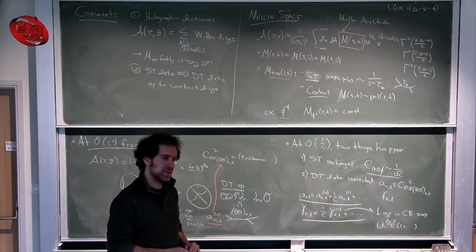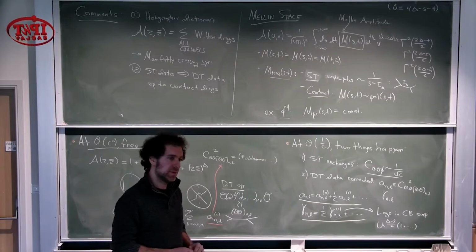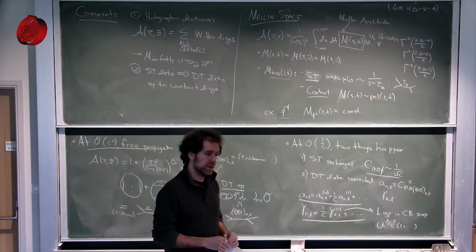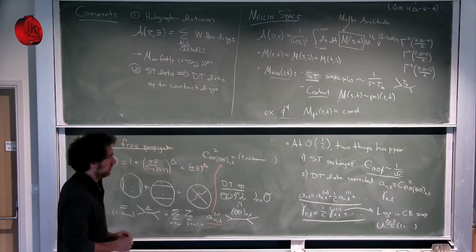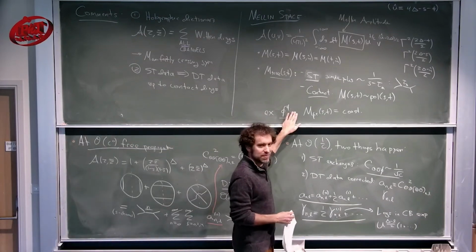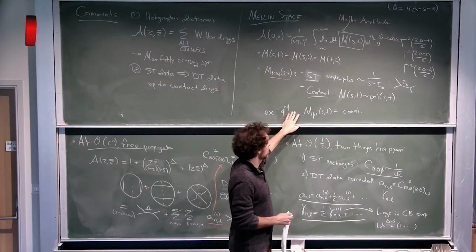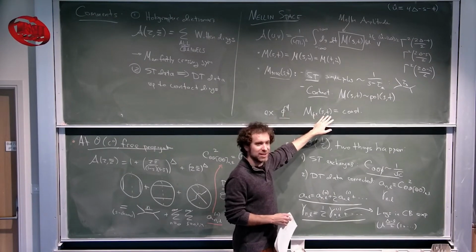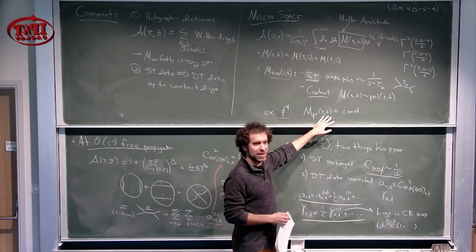Are there some examples where, for a specific top-down construction, they match? I would guess so. Yes. One example is the phi to the 4th Mellin amplitude. It's a constant, and its flat space limit is a constant.